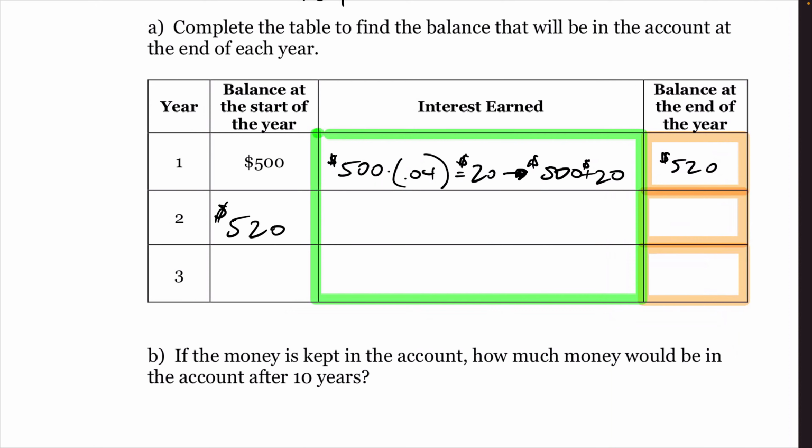So if I keep using those same steps, you take 520 times 0.04. You go to your calculator. It's not going to be $20 this time because it's not 500. It's going to be $20.80. Then you're going to add that to the total that you already had.